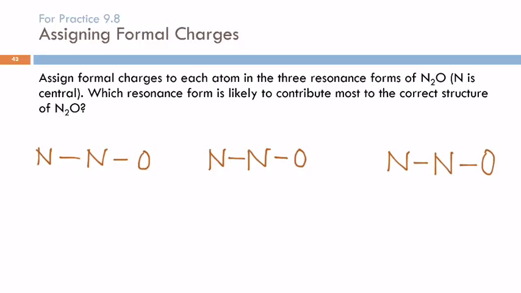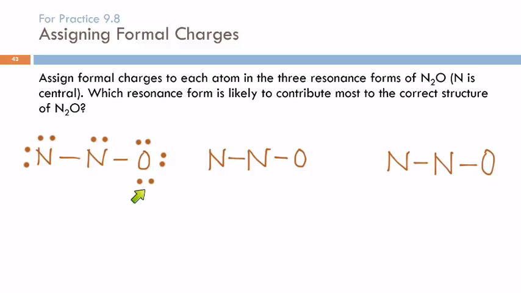So how many total valence electrons are in N2O? 16. Each of the nitrogens has 5, 2 of them, so that's 10 plus 6, so 16. So I've got here 4 already in the bonds. 2, 4, 6, 8, 10, 12, 14, 16. So we need some sharing here, right?